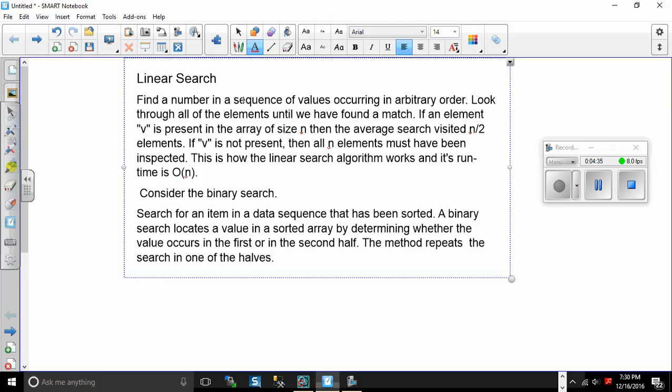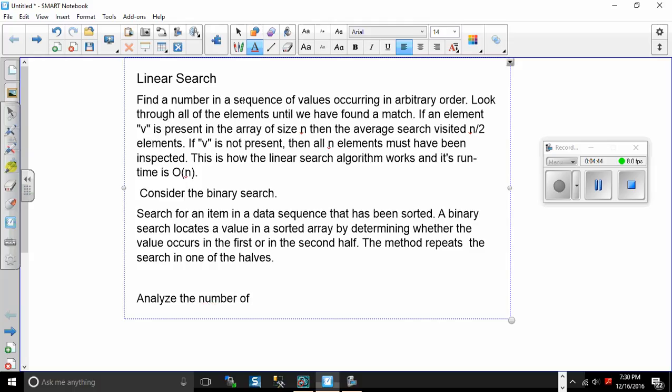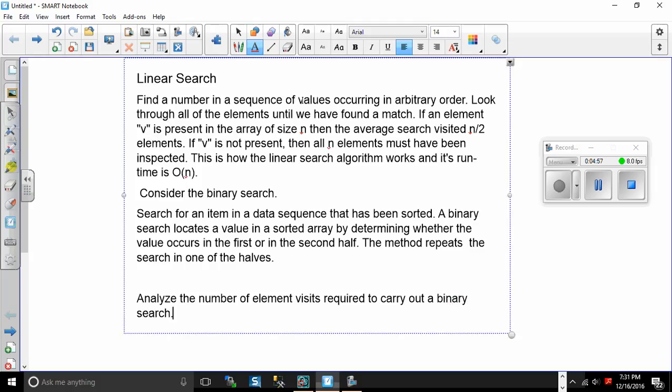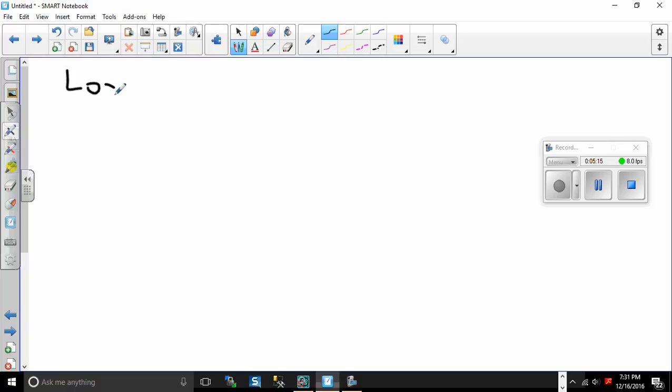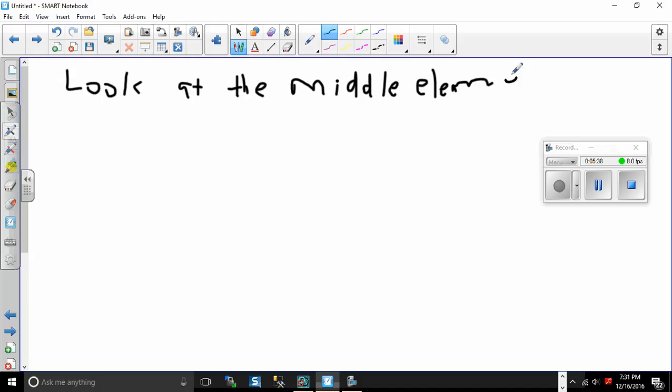So let's analyze the number of element visits required to carry out a binary search. You look at the middle element.